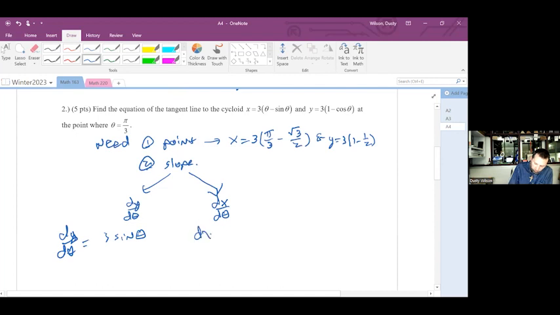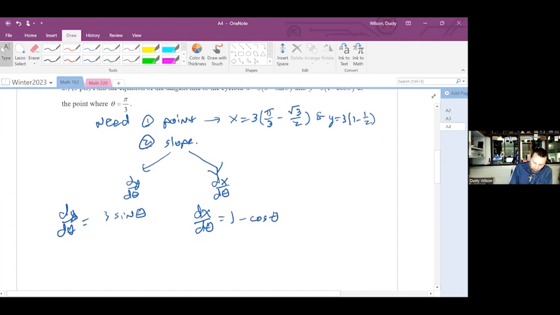And then dx d theta is 1 minus cosine theta. So together, these tell us that dy dx is equal to 3 sine theta over 1 minus cosine theta.